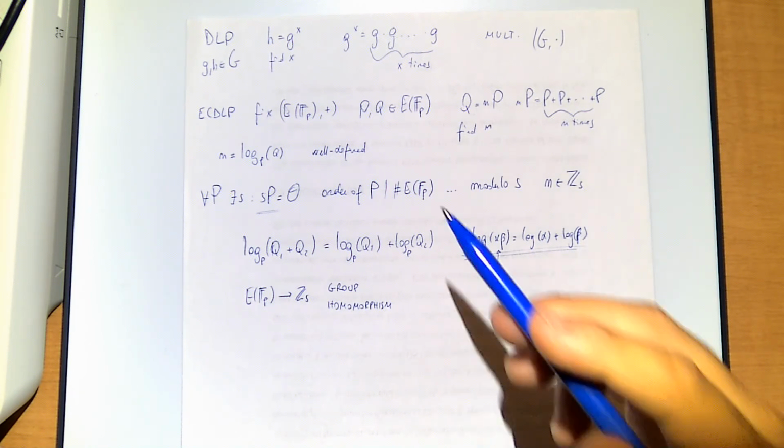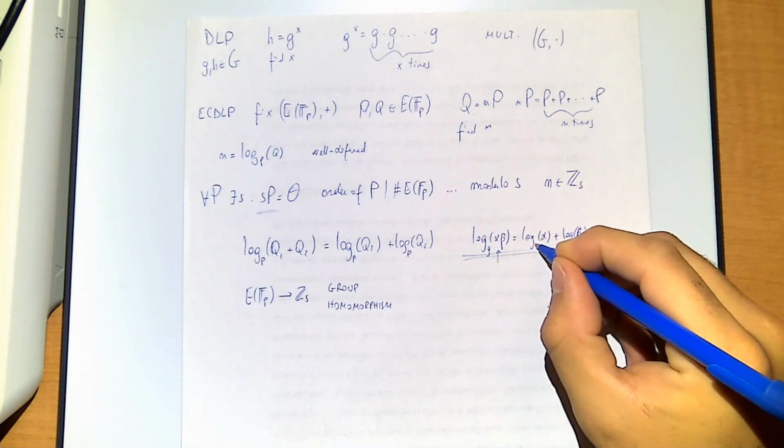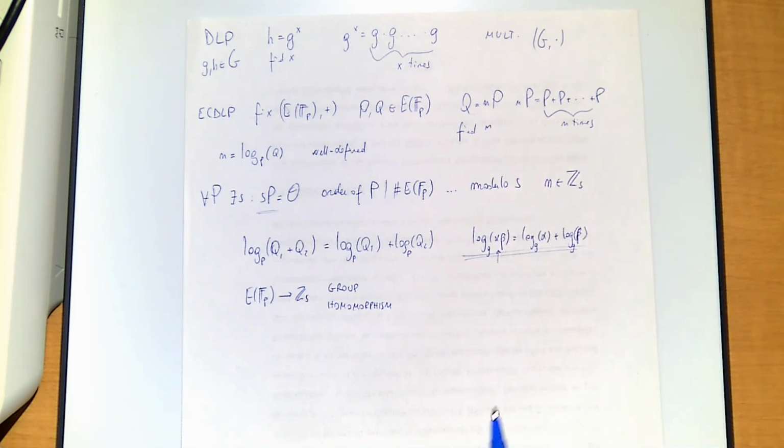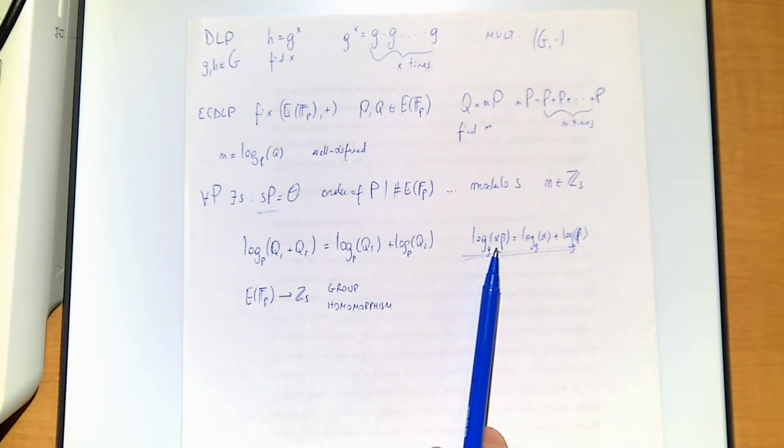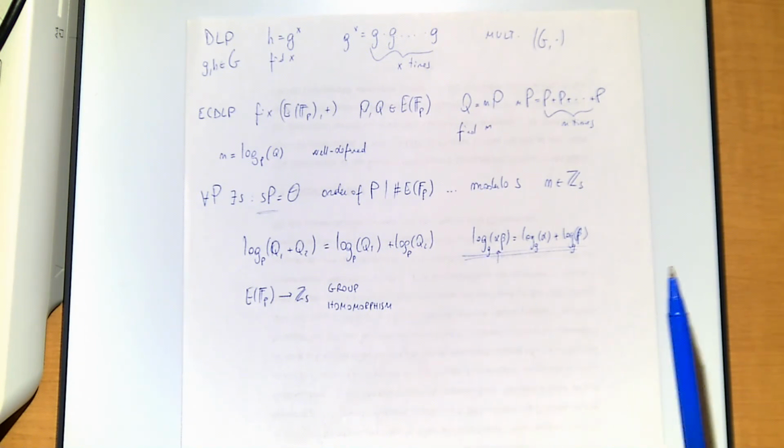Remember, this is like log base g or whatever. And that's why we map a multiplicative group to an additive group, and then our multiplication turns into a sum, stuff that we know about discrete logarithms. Okay, so this is interesting, and it's a very important concept.